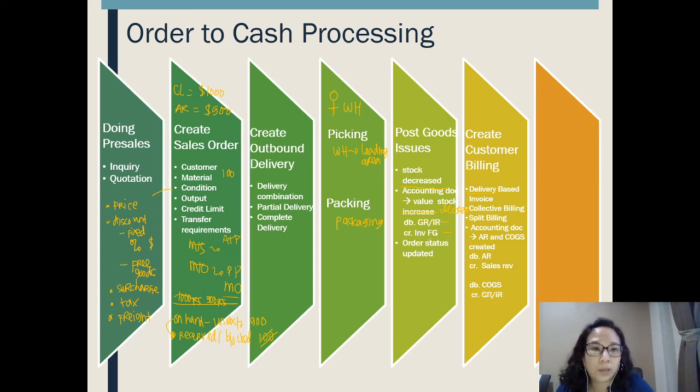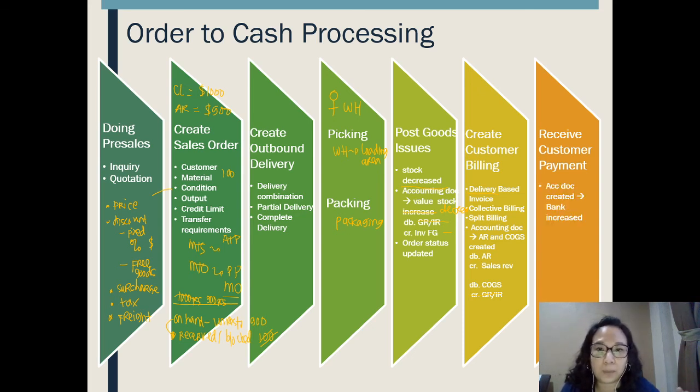Okay, so after the customer billing, we can receive the customer payment. When the customer pays, we can create a payment register, and it means that another accounting document will be created saying that our bank increased and the AR is deducted.